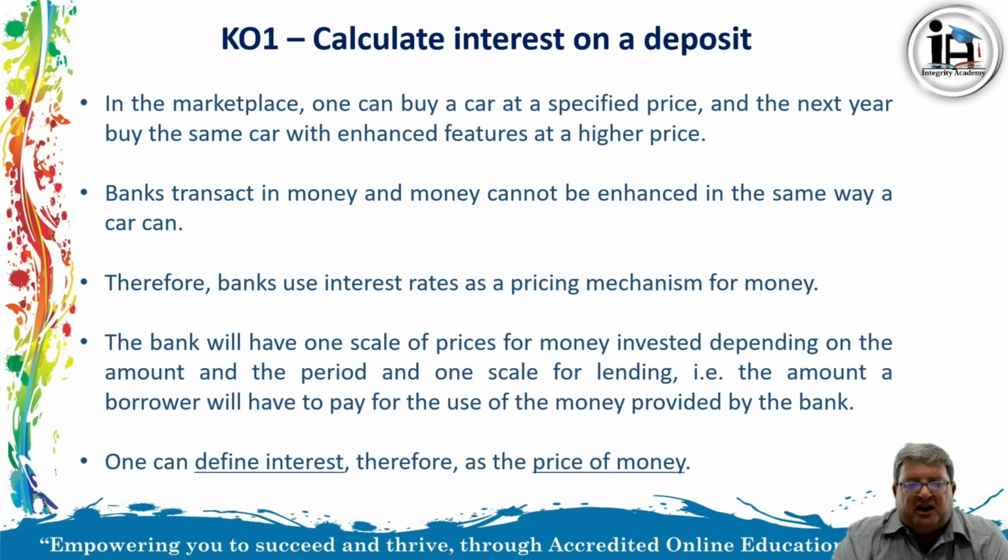Banks transact in money, and money cannot be enhanced in the same way a car can. Therefore, banks use interest rates as a pricing mechanism for money. The bank will have one scale of prices for money invested, depending on the amount and the period, and one scale for lending.